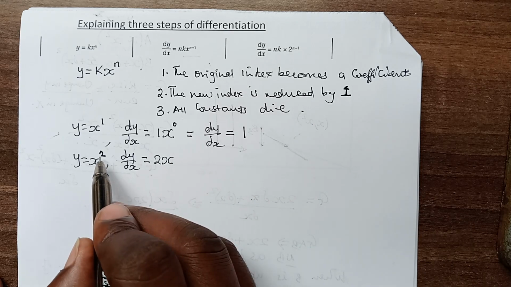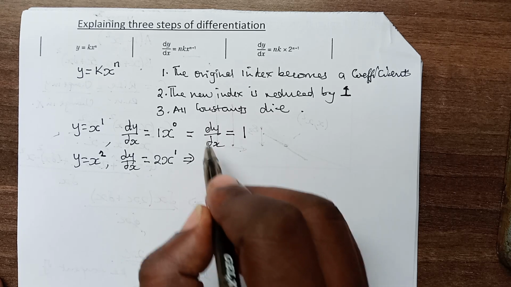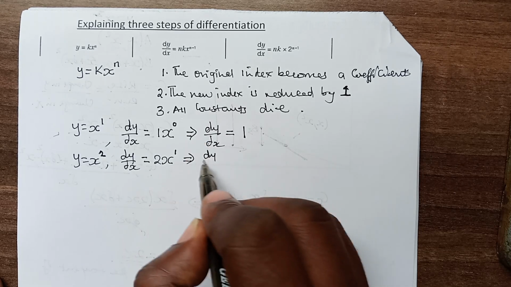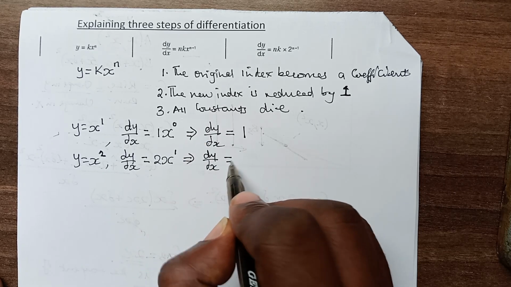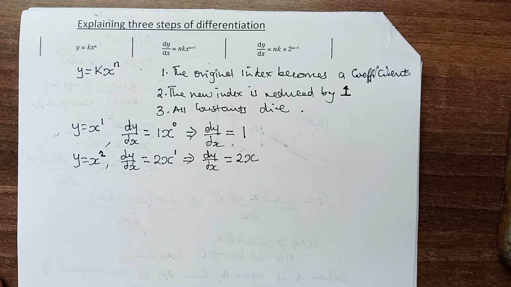That means 2 minus 1 is 1, and therefore, the final gradient dy dx is equals to 2 times x raised to power 1, which is 2x. And if you remember, that is actually the gradient we found in the first video.